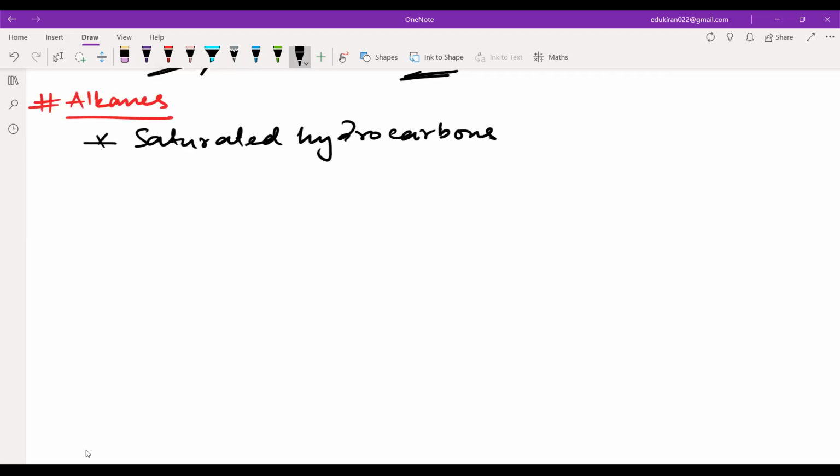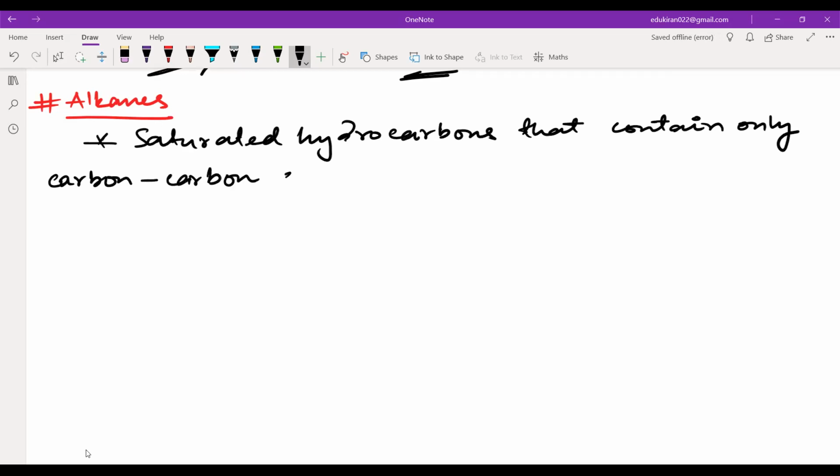These are saturated hydrocarbons that contain only carbon-carbon single bonds. So the carbon-carbon bonds will be all single bonds.